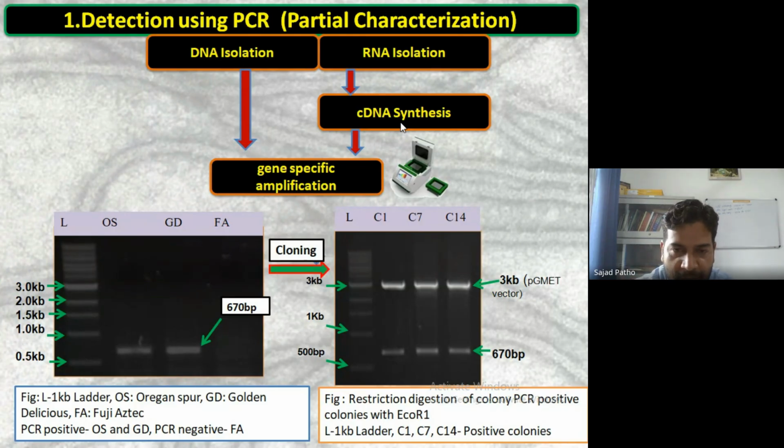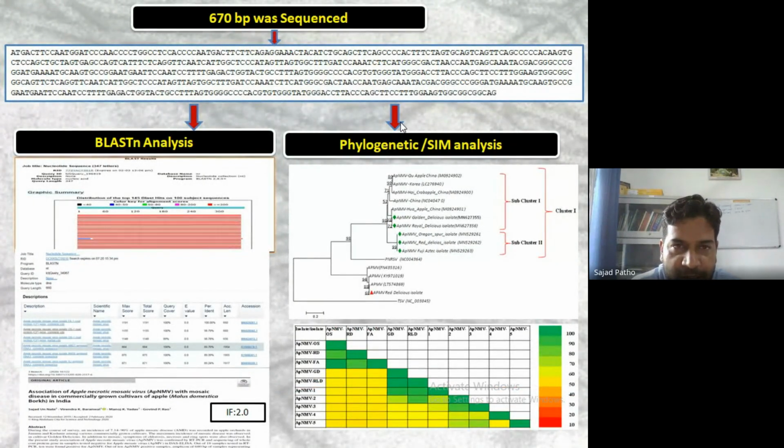When we design the primer, we amplify this virus in PCR. You can see here we have the apple necrotic mosaic virus. We have amplified its coat protein, 670 base pairs. Then we cloned that in a vector. After cloning, we went for the sequencing of that 670 base pair fragment.